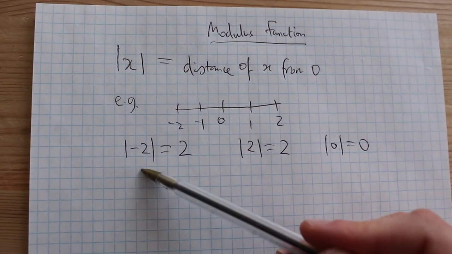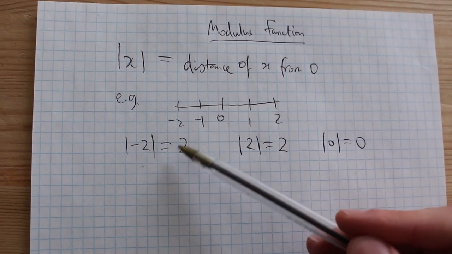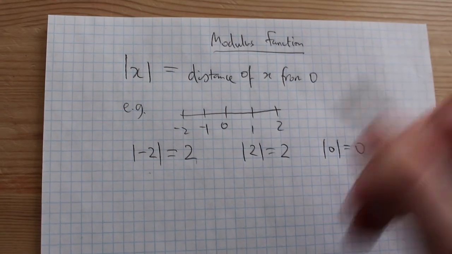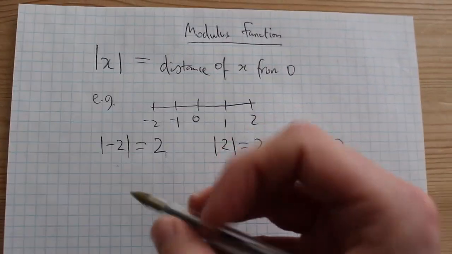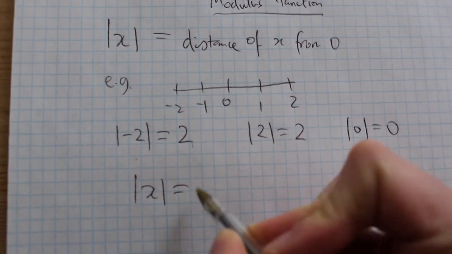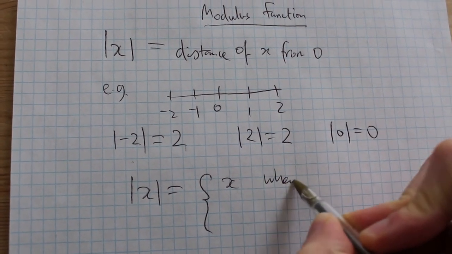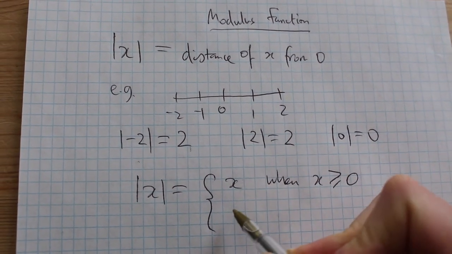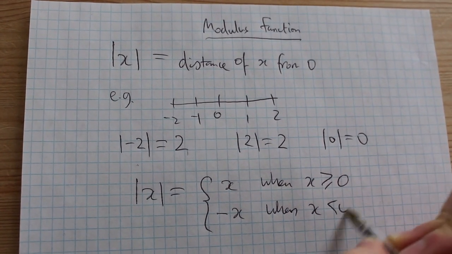So the modulus of a negative number is a positive value, but it's the distance from 0. We know distances are non-negative. An alternative way of writing that is to say the modulus of x is equal to x when x is greater or equal than 0 and is equal to minus x when x is negative.